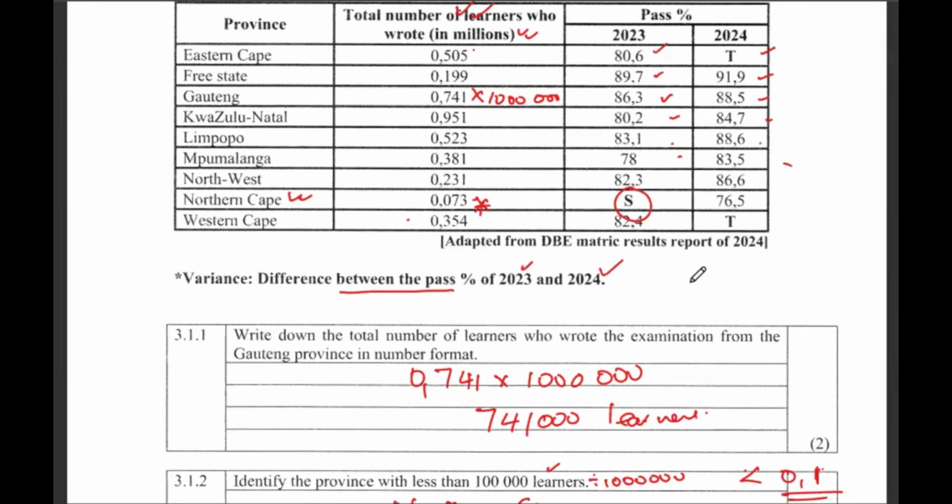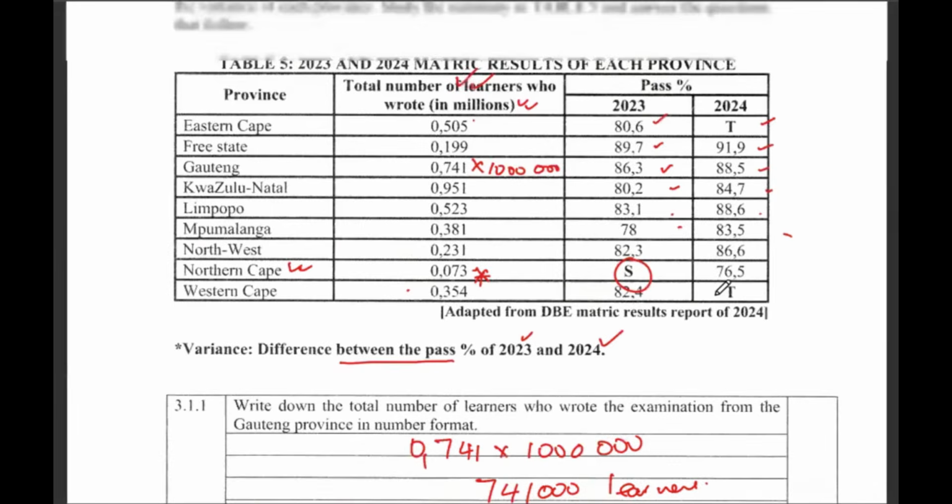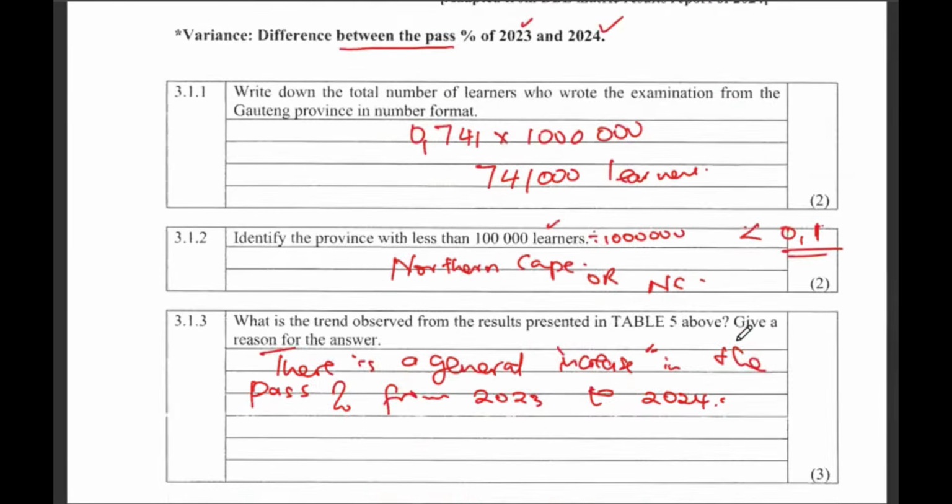So it's 91.9 plus 88.5 plus 84.7 plus 88.6 plus 83.5 plus 86.6 plus 76.5 plus the T value. No, is it the T or the S value? No, the S is not important. And then we have 2 T's.